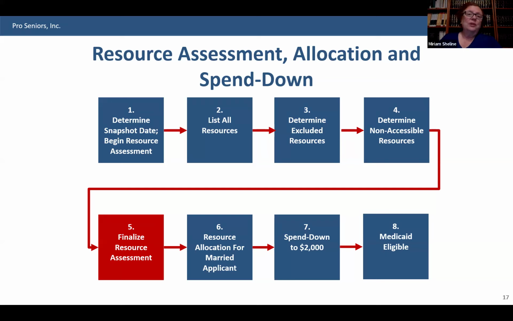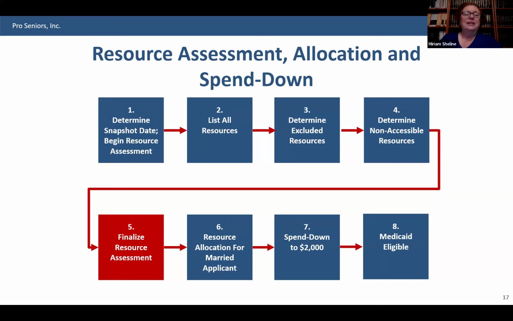Now we are going to list all of their resources. We determine which resources are excluded and scratch those off the list. Then we look at whether there are resources we cannot access, because an accountable resource is one that can be converted to cash.